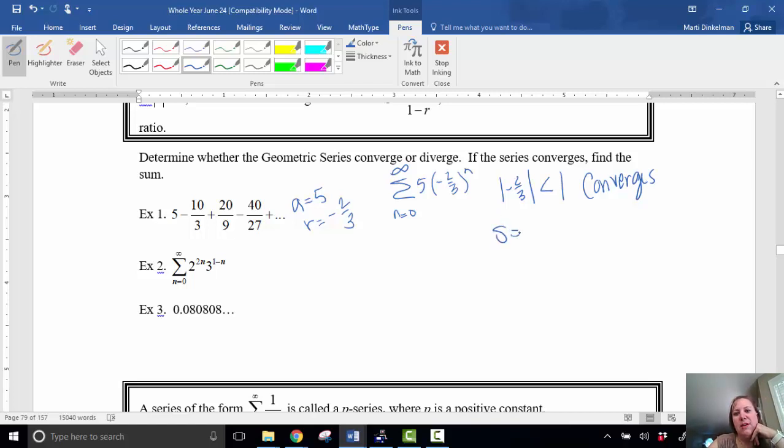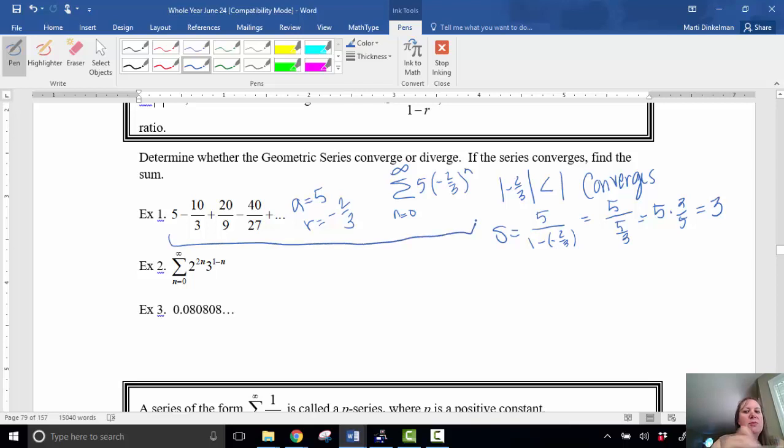So for our sum for example 1, it's going to be a over 1 minus r, which is 5 over, so 1 plus 2/3 would be 1 2/3, which would be 5/3. So this is 5 times 3/5 if I flip and multiply, so I get 3. So what I'm saying is, if we keep multiplying and getting all those terms and add everything together, that sum is heading toward 3.